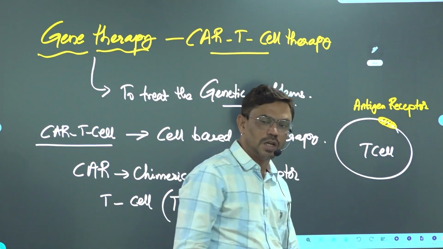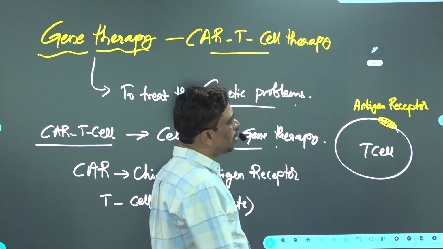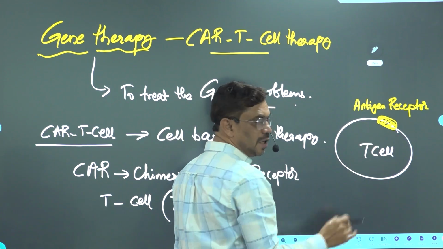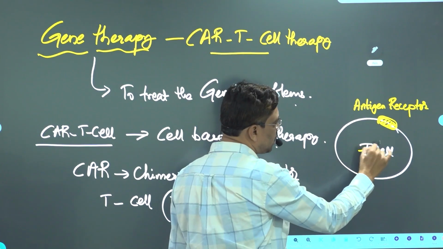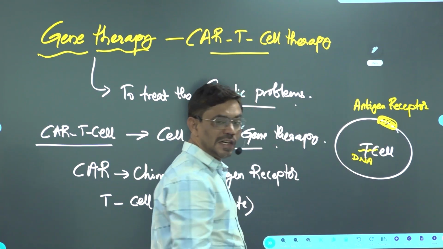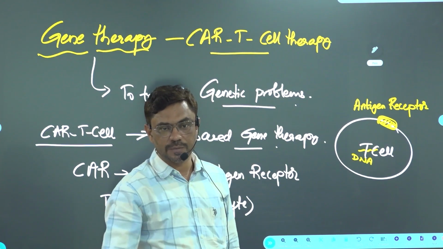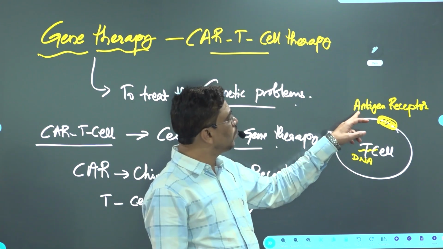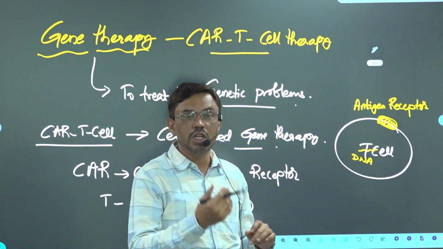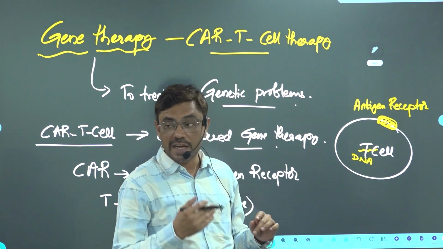By this gene therapy, the scientists have modified this antigenic receptor. That means the gene, the DNA responsible for this antigenic receptor, has been altered in order to make this antigenic receptor work 24/7 continuously. That means it is acting as a live drug.